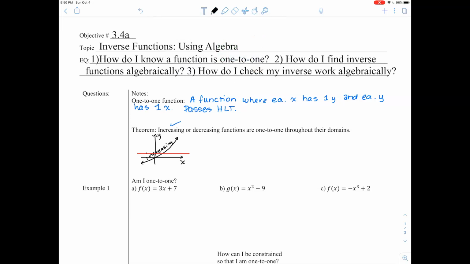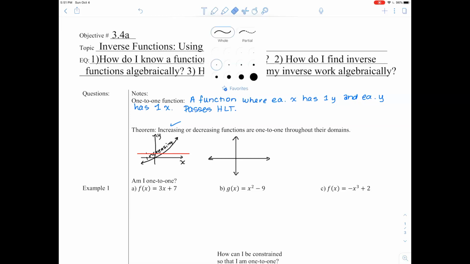Let's take a look at a decreasing function. And maybe we'll do one that's just a little more complex. Let's do a rational function. And in fact, let me make these asymptotes. I'm just going to make these asymptotes and not really call that an x or y axis.